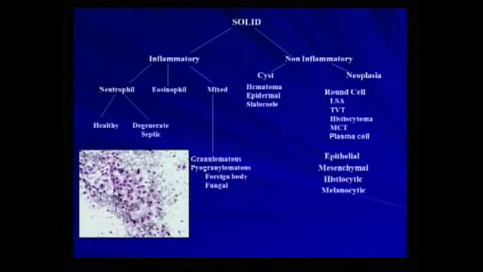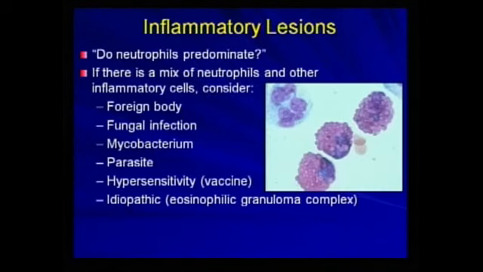What I would like to do is essentially take you through this for the rest of the lecture with a review at the end and give you some hints about the diagnoses of all of these various types of inflammation, non-neoplastic, non-inflammatory lesions, and finally neoplasms. So we're going to start with the inflammatory lesions and the question, do neutrophils predominate?